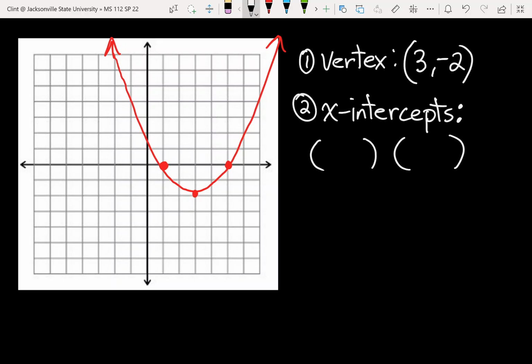So we've got two places where we cross the x-axis. We've got the point (1, 0), one x-intercept, and then we've got the point 1, 2, 3, 4, 5, so (5, 0). Those would be our x-intercepts.